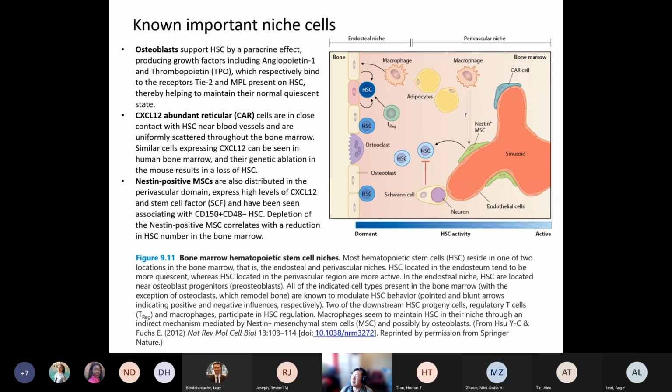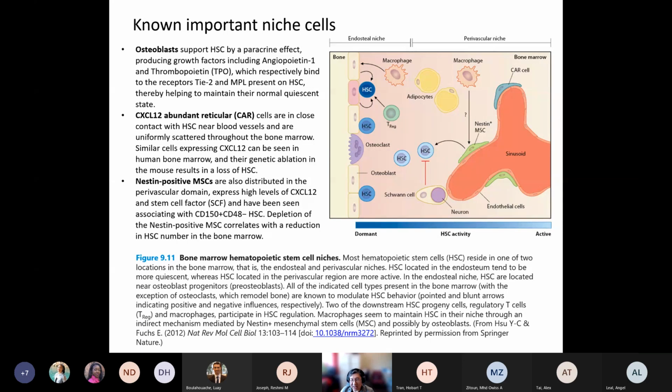So now we feel like maybe the function is to provide some growth factors like angiopoietin-1 and thrombopoietin to help the cells in their quiescent state.